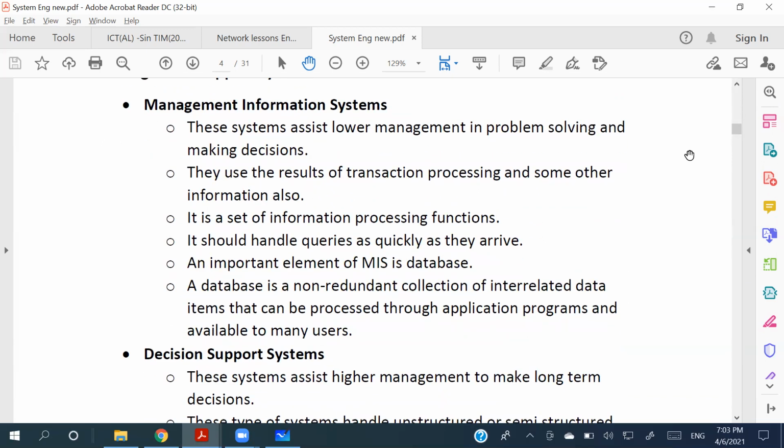Now, this helps lower level management with problem solving and decision making. I told you the TPS is what helps to track transactions. Once the transactions are tracked, the data gathered inside the TPS will be an input to MIS, Management Information Systems.